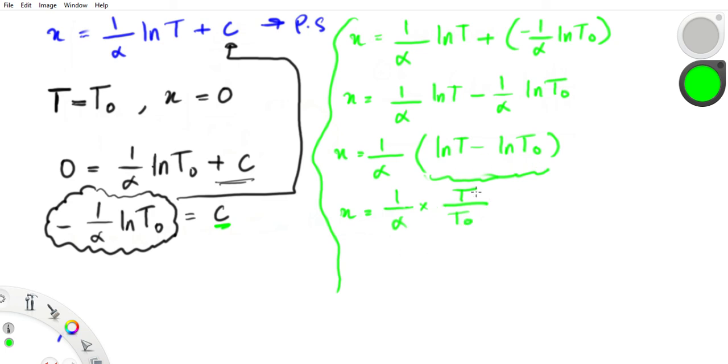And that way you got rid of the natural log, and then you have your final answer as t over alpha t0. Okay, this is your general solution.